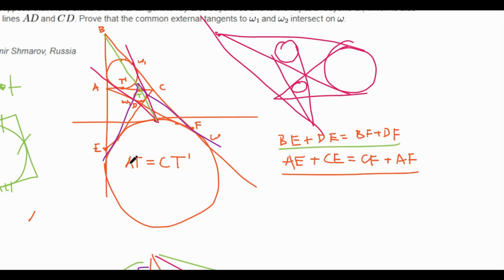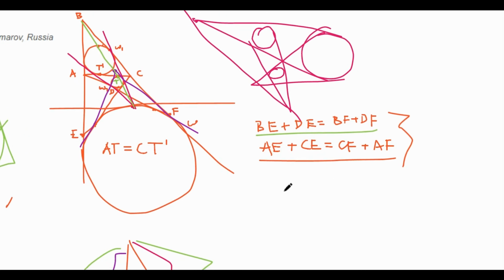So this is a property of the X touch point, and let's see if we can arrive at this property from these two equations. So if we subtract those two equations from each other, then we get that, conveniently enough, AB minus CD is equal to BC minus DA.